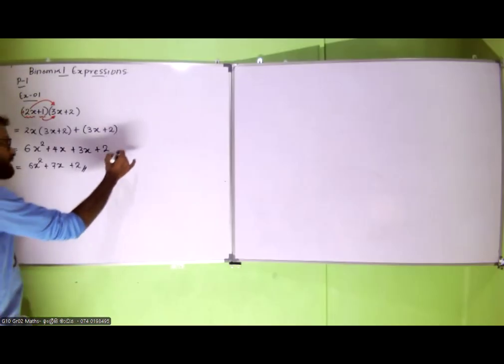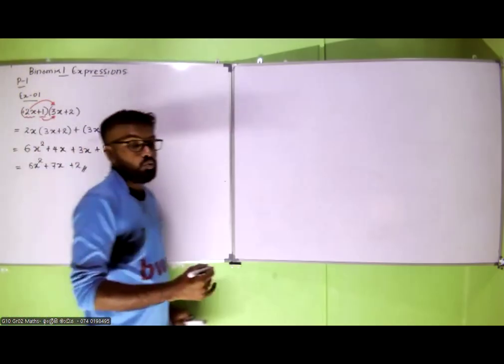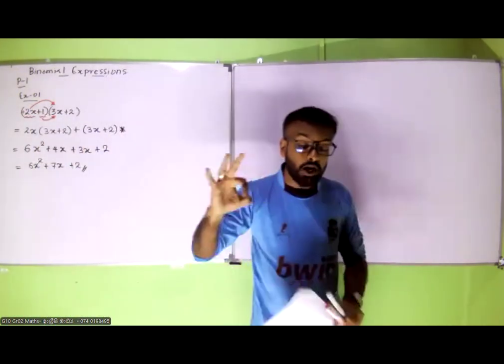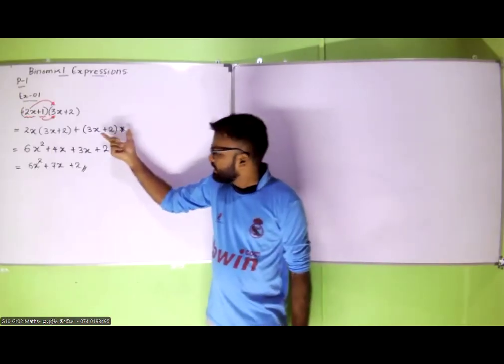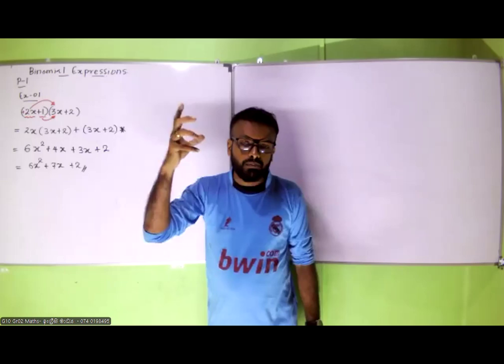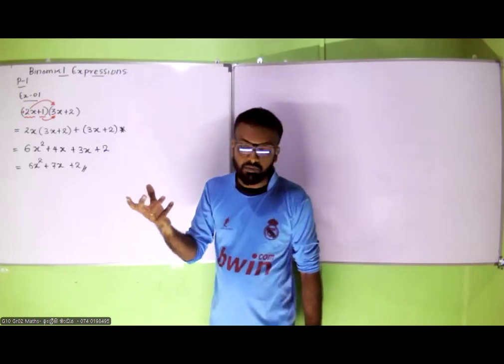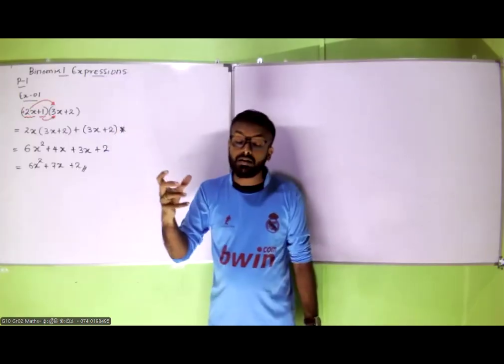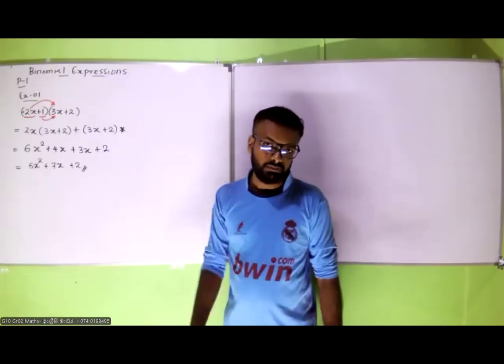Now this is an extra step that you can remove if you are good at simplifying these kinds of things. If you are not good at simplifications, this is an extra step that you might use.